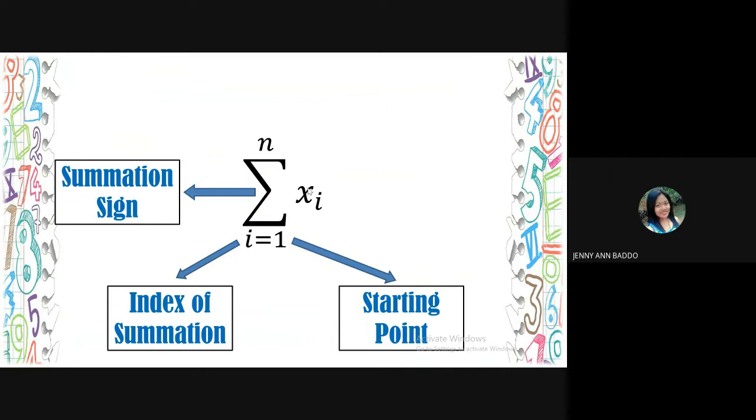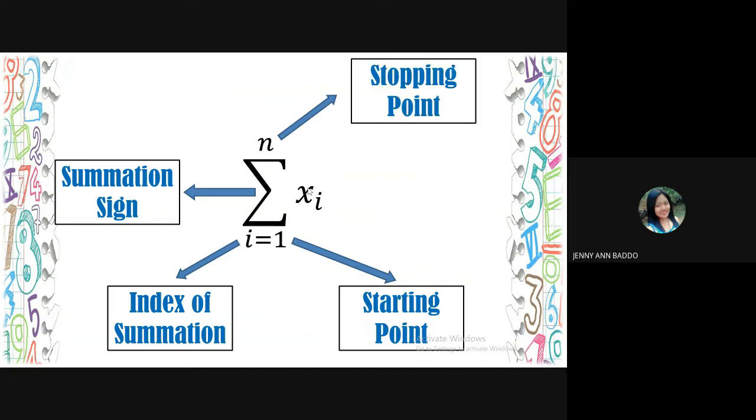What number are you going to start? And the letter or number above the summation symbol is the stopping point. It determines where we are going to end our summation. That's the stopping point.